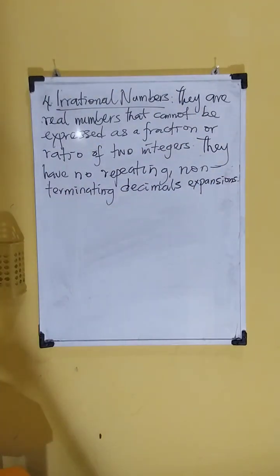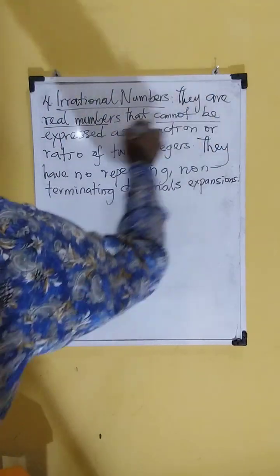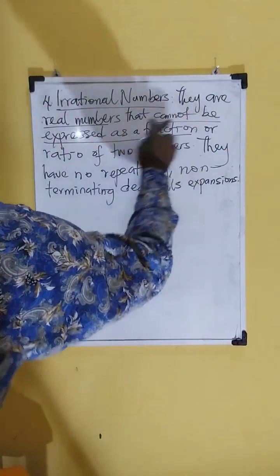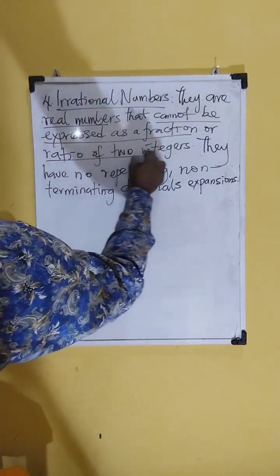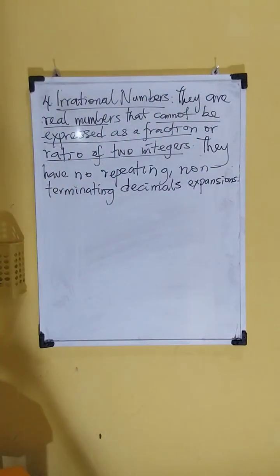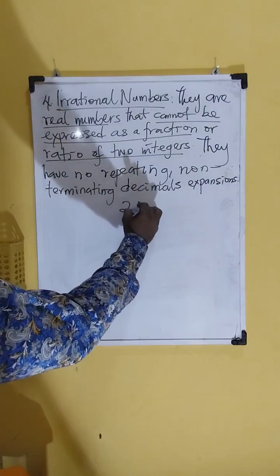That is another thing about irrational numbers. First, they are real numbers. So take note of this. Secondly, they cannot be expressed as a fraction. They can also not be expressed as a ratio of two integers.